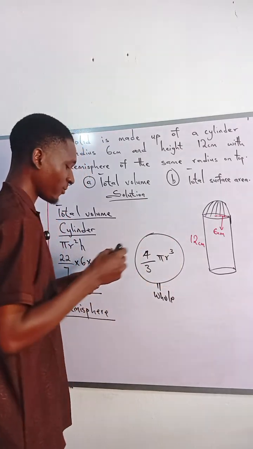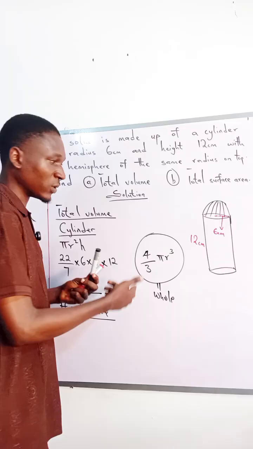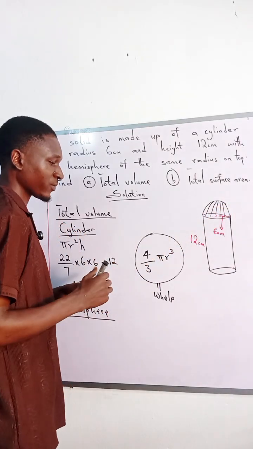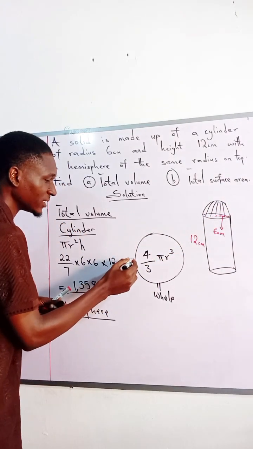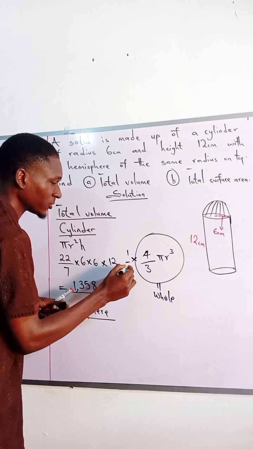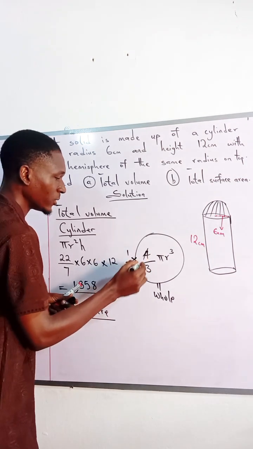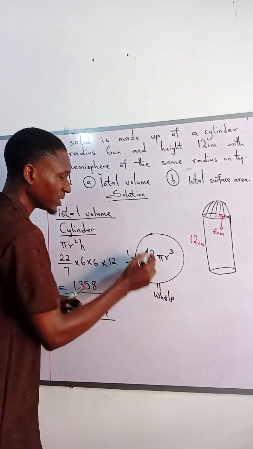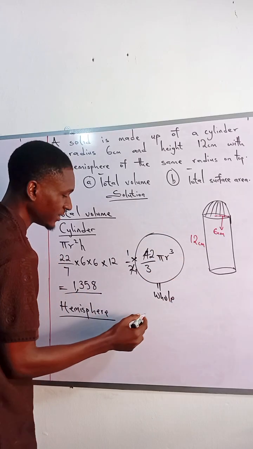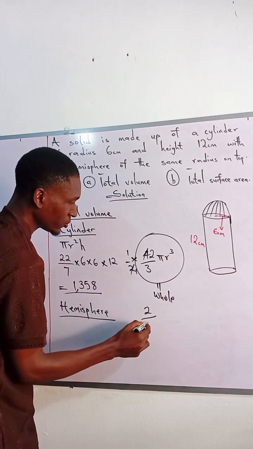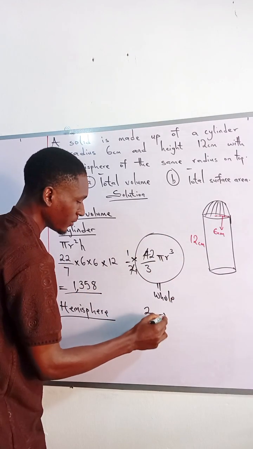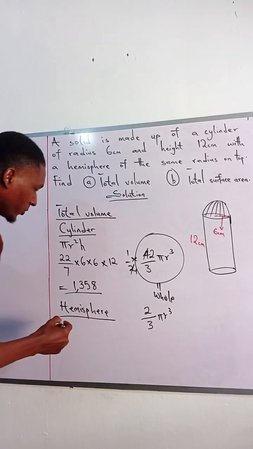If we now need half, what do we do? We multiply it by half, or we divide it by 2, since we are dealing with half. And when you divide this by 2, it's the same thing as multiplying by 1/2. 2 here 1, 2 here 2. That means the formula for calculating the volume of a hemisphere is 2/3 pi r cubed, and that's what we are going to use here.